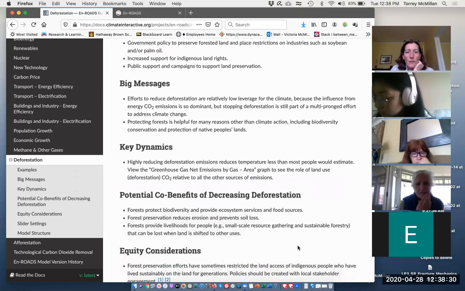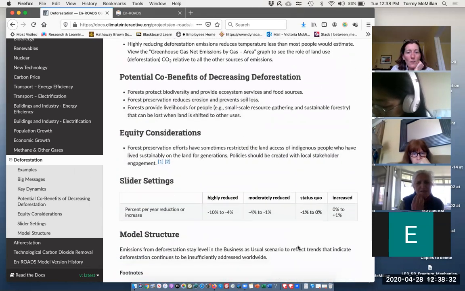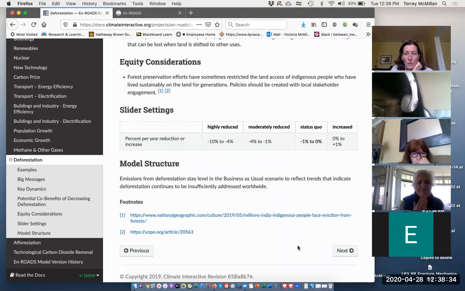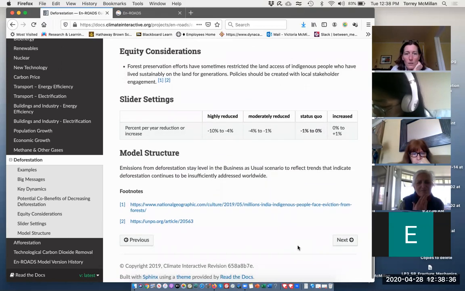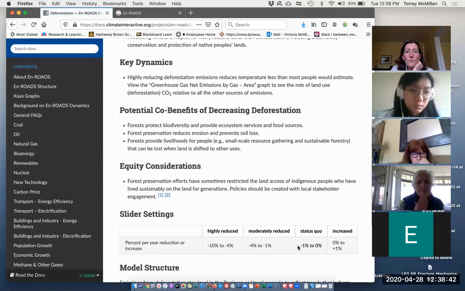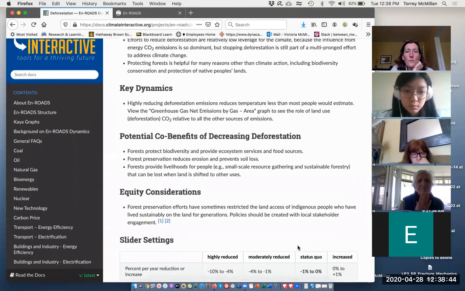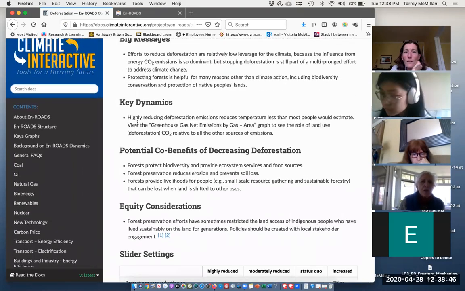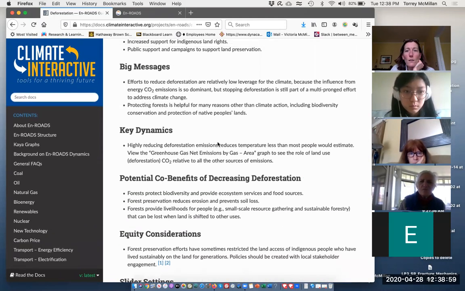Let's see. Model structure, emissions from deforestation stay level. Let's see, the key dynamics that they say are at play in the background. Highly reducing deforestation emissions reduces temperature less than most people would estimate, but they don't really say why.